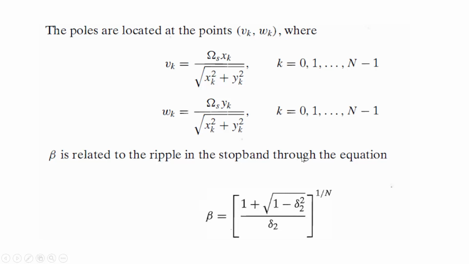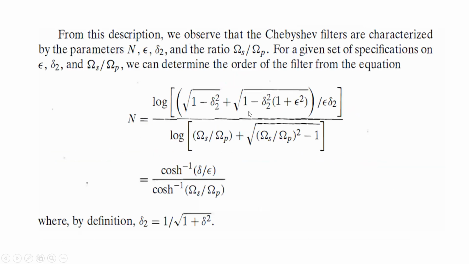Beta is related to the ripple in the stopband through this equation, so you will be able to get beta from here. Delta 2 is the stopband attenuation, and this is the expression. I'm not deriving this expression again; I'm straightaway giving it to find the order of the filter.